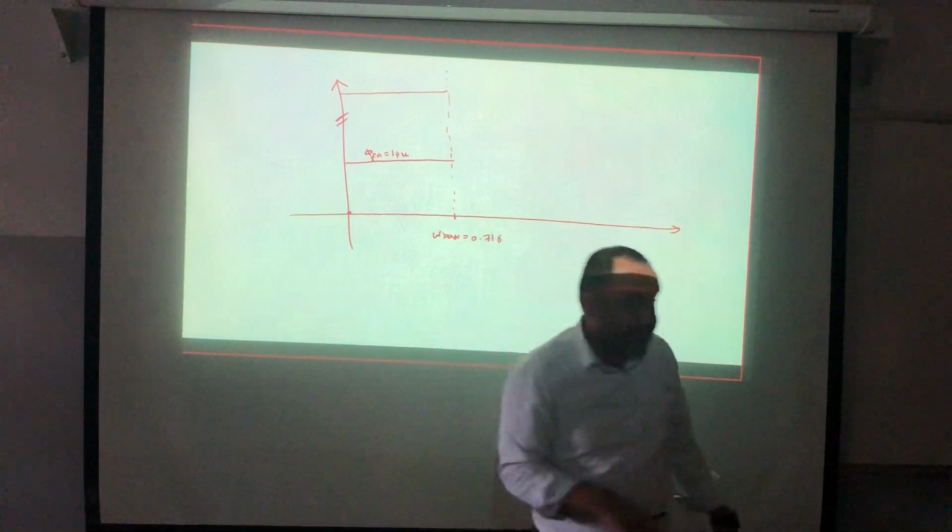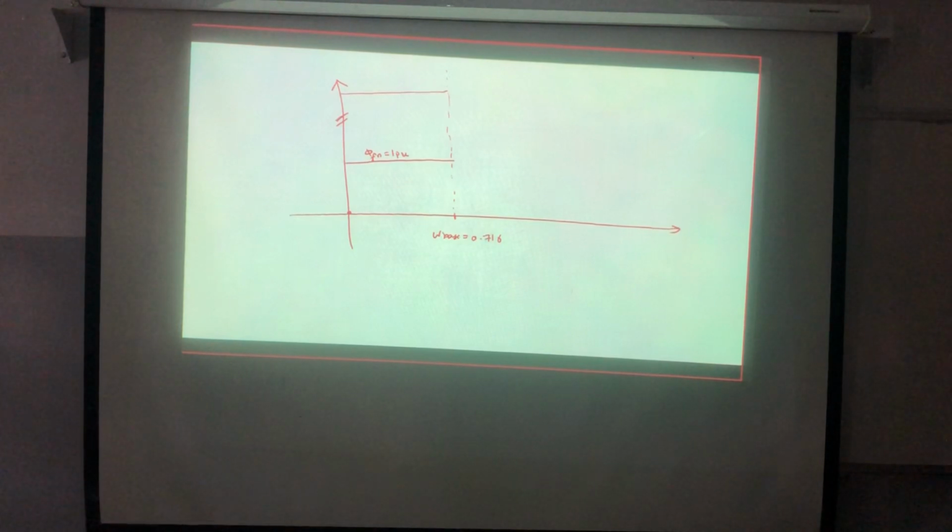So this will be 0.716. This is the 3 per unit. This is the torque. This is the EA.